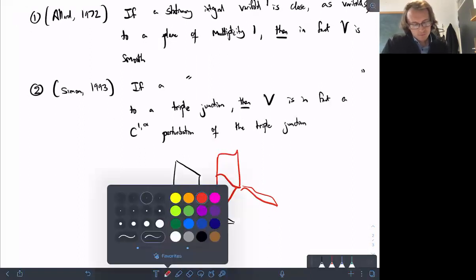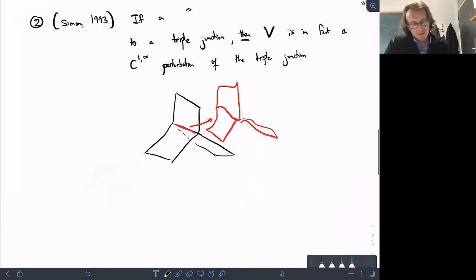What we also know is a stratification of the singular set from Almgren, and this is in Almgren's big regularity paper.